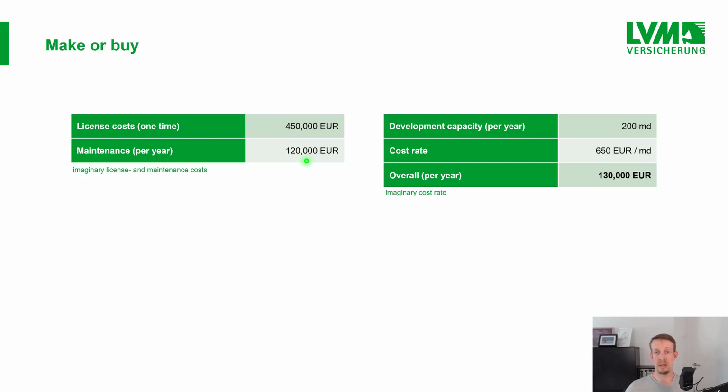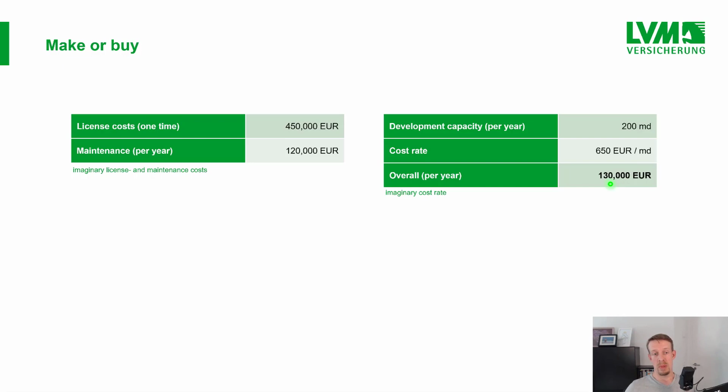On the other hand, if you design a system by yourself, let's assume we have a developer capacity of 200 man days per year at a cost rate of 650 euros per man day. Makes 130,000 euros per development year.